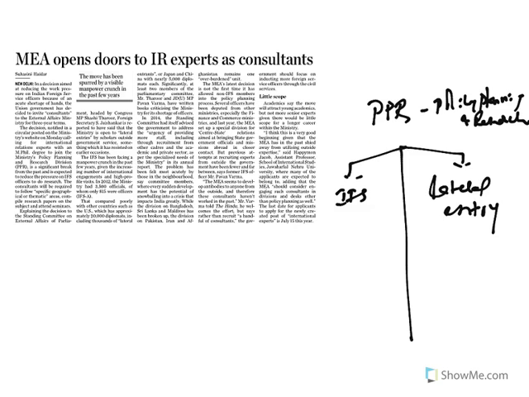Now again, here is the policy planning and research wing in the Ministry of External Affairs, in this article by Suhasini Haidar; you can remember Amitabh Mattoo's article. What it said is we need lateral entry into the Ministry of External Affairs.